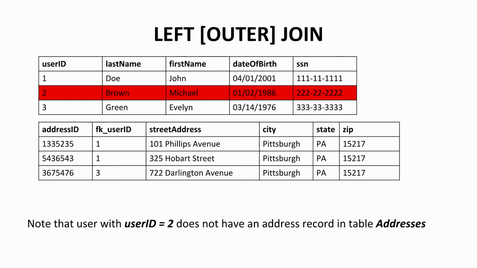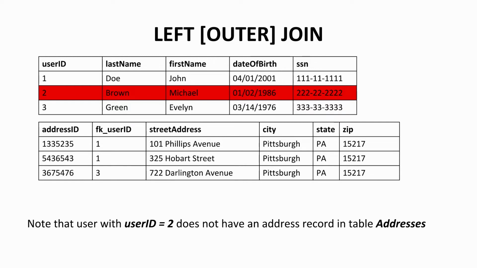So this is called a left outer join. And basically, as the name suggests, or at least the word left suggests, in this case, we have the user ID that exists in this table but doesn't exist in this table.